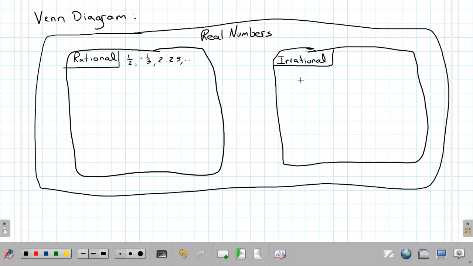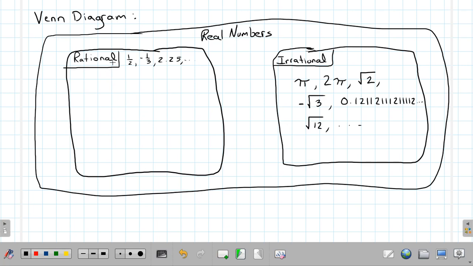Well, once again, irrational numbers: you have things like pi, 2 pi, square root of 2, negative square root of 3, 0.1211211121112..., square root of 12. Once again, you can think of more and more, but that's where all the irrational numbers are. And once again, if we know they're real and they're irrational, there's nothing else we can say about them.